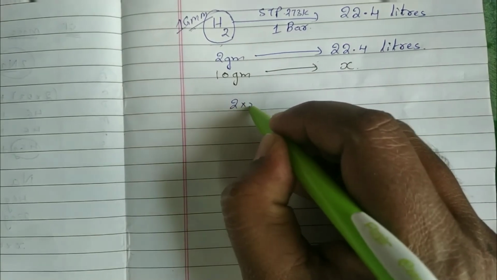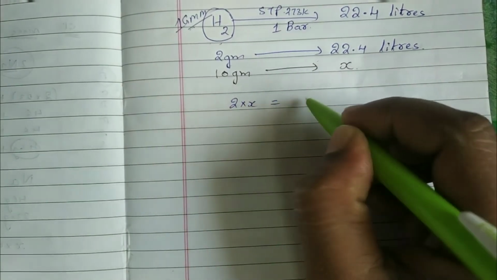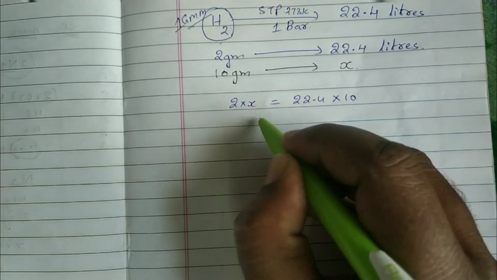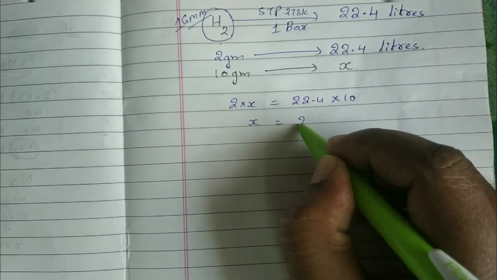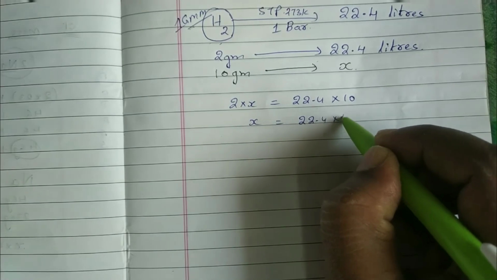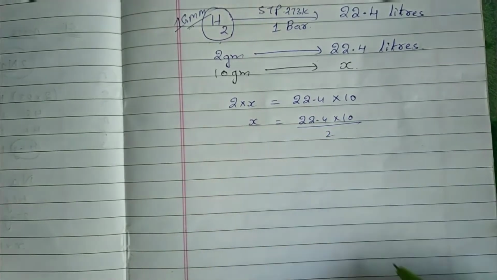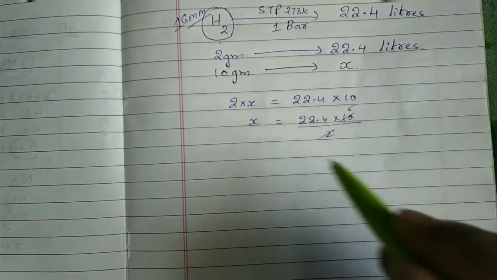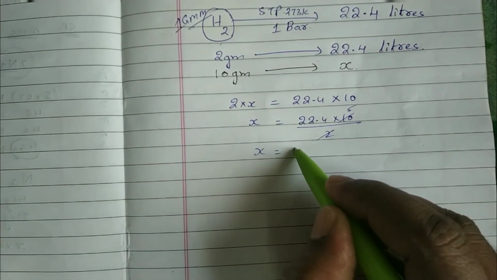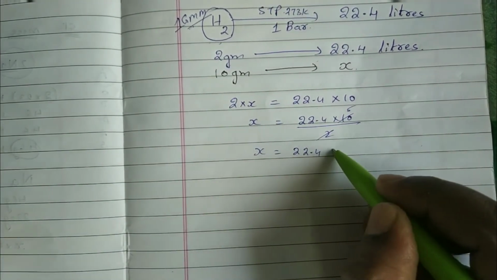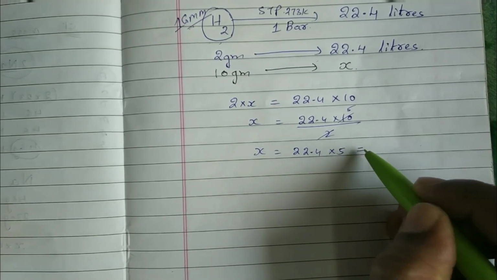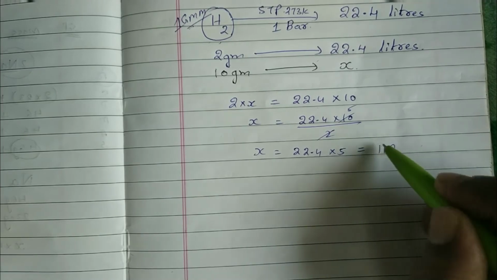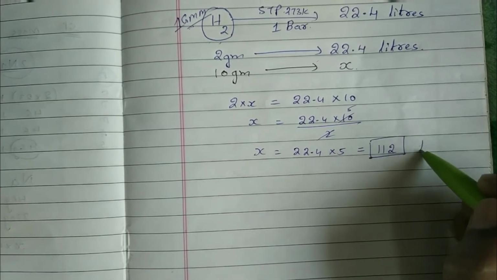2 into x is equal to 22.4 into 10. So x is equal to 22.4 into 10 by 2. So 2 fives are 10. So x is equal to 22.4 into 5, which is nothing but 112 liters.